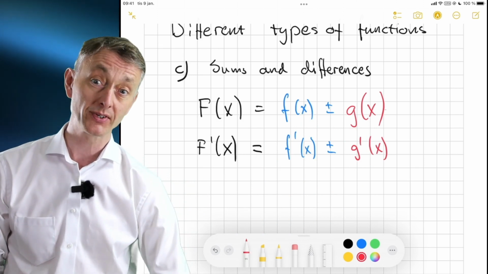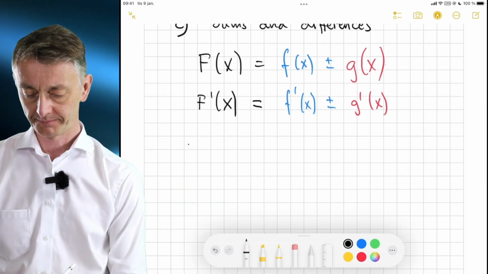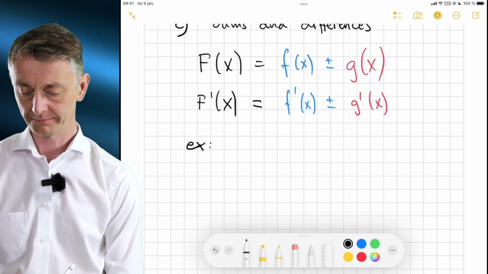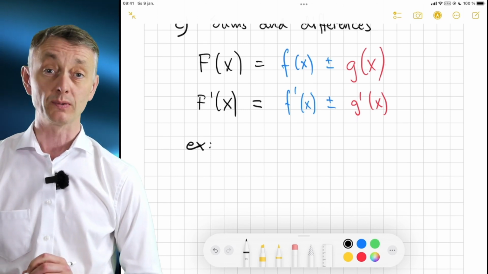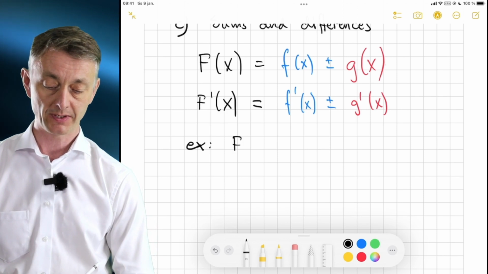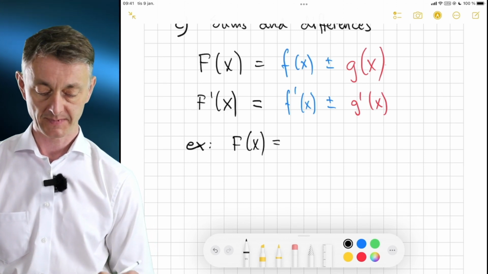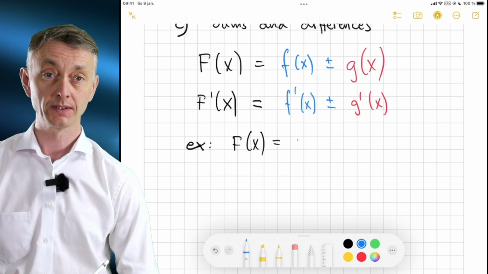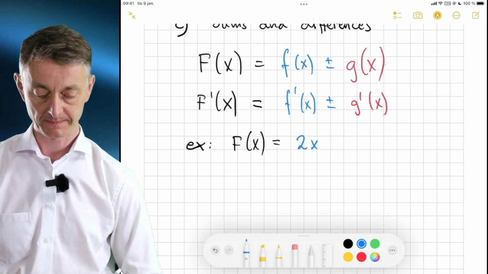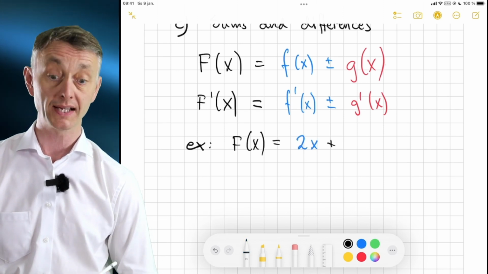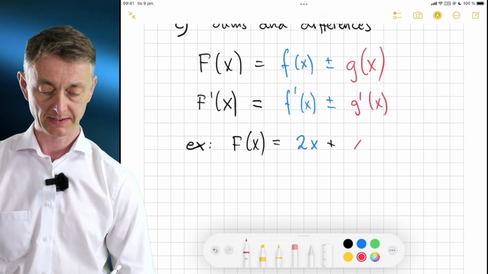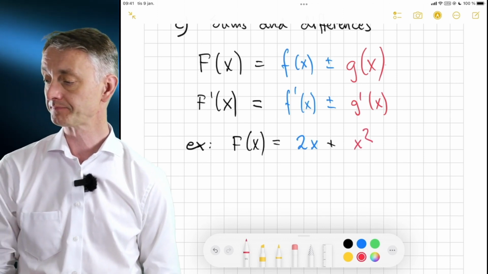So let us look at one example. Let us assume that F of x is equal to 2x plus x squared.